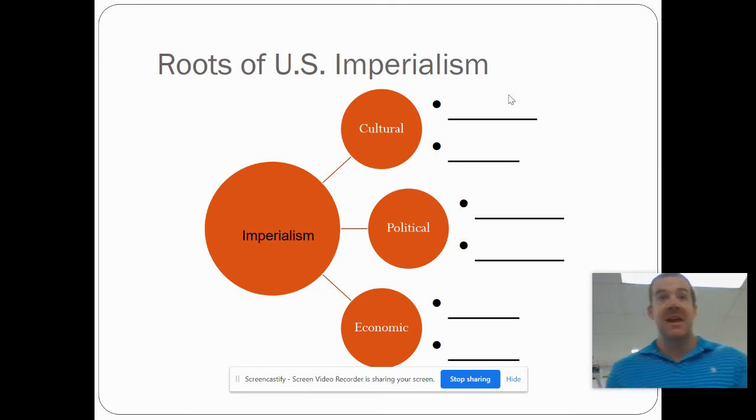One would be to obtain raw materials. Cultural superiority, that's what we're talking about, that white man's burden, social Darwinism, right? All this stuff is on the PowerPoint. I'll also see if I can link the section in the book where it comes from to help you guys out. And this is a very simple assignment. If you just look at the video here, you should be able to answer those questions as well.